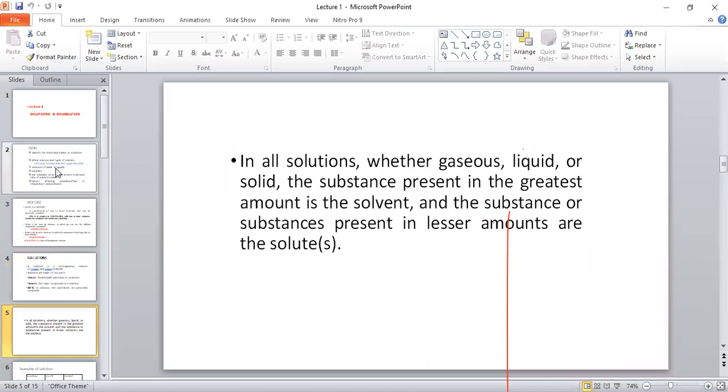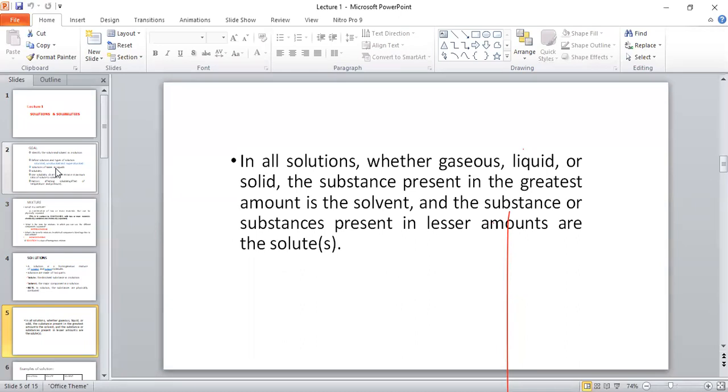Also, in all solutions, like I said, a solution is a homogeneous mixture. It can be gaseous, liquid, or solid. I will show you some examples of gaseous solutions, liquid solutions, and solid solutions. So what is a homogeneous mixture? That's a solution.